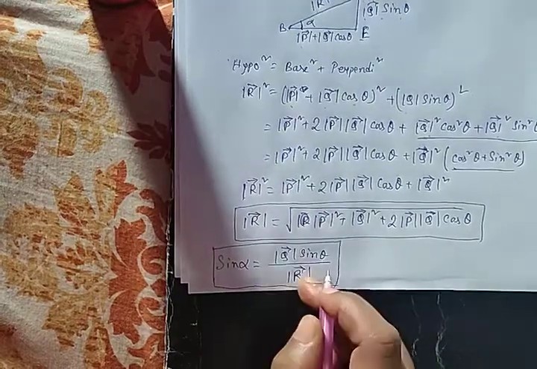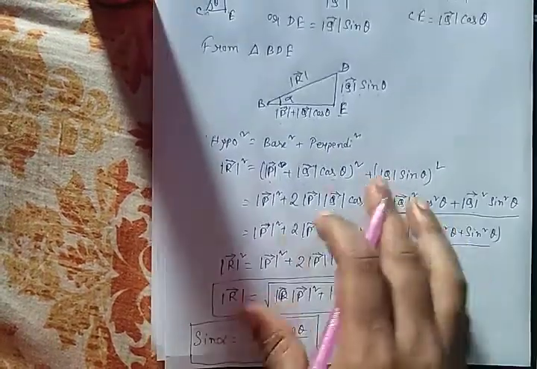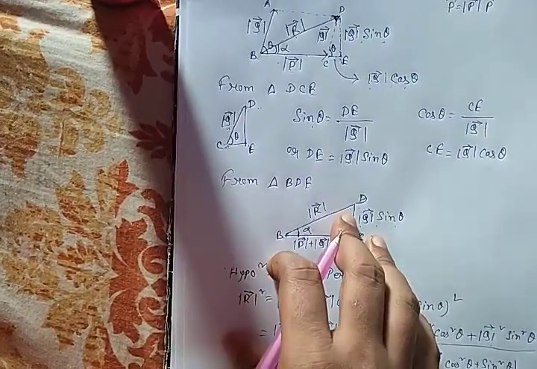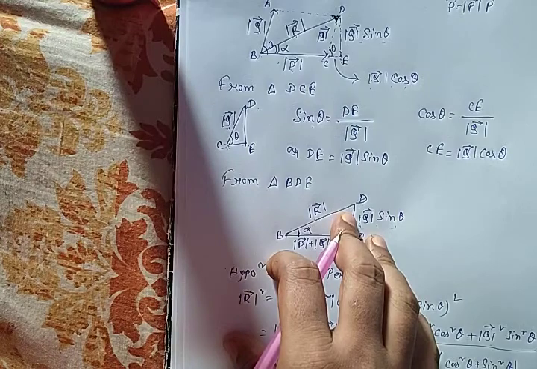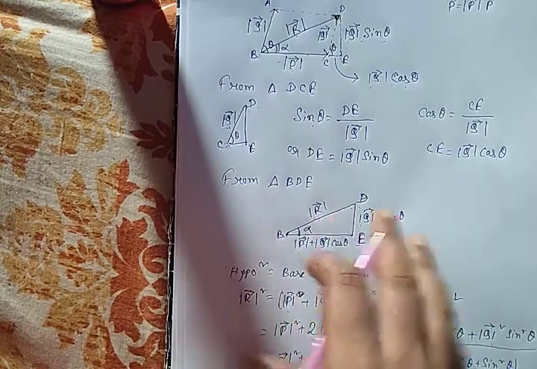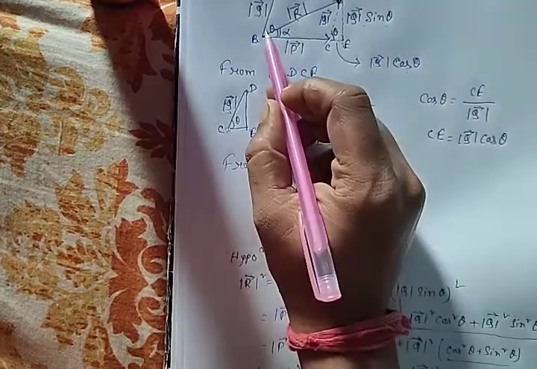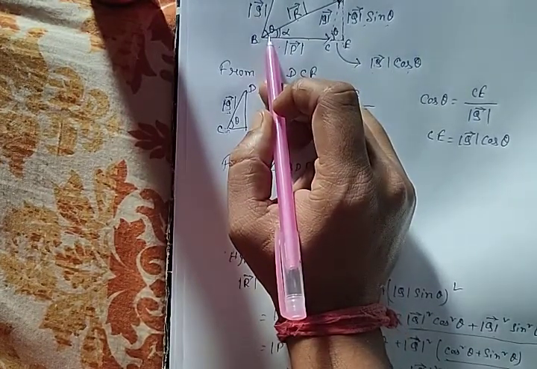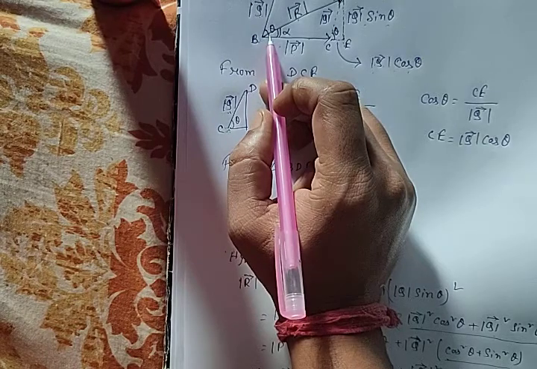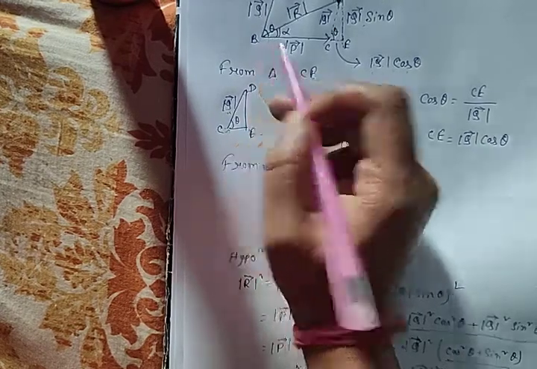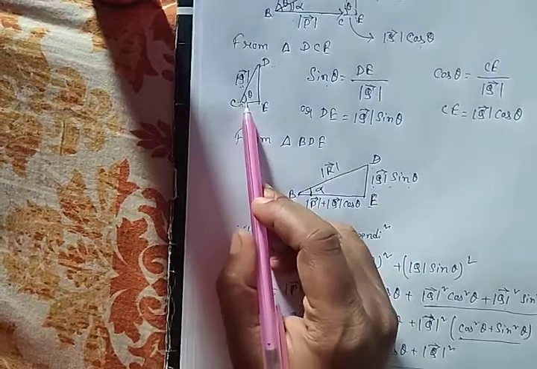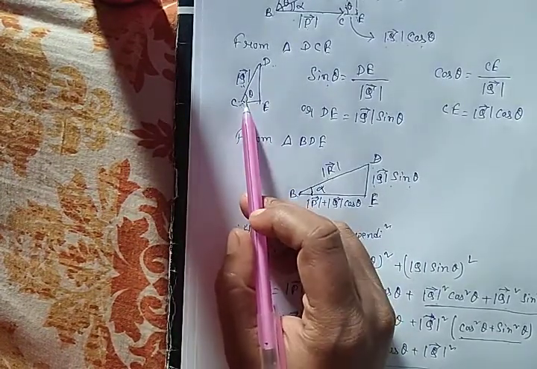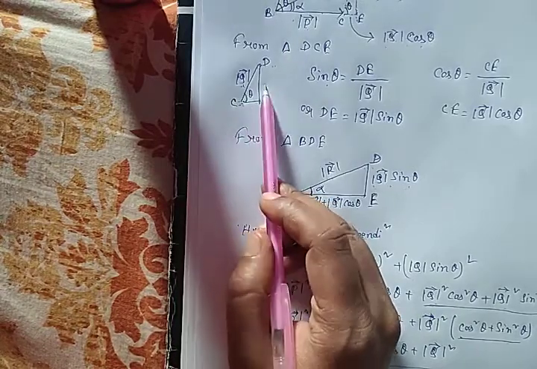Okay, so you can use this formula also, or there is another formula from this triangle. From this triangle, tan alpha is equal to how much? Tan alpha is equal to perpendicular by base. What is the value of perpendicular?